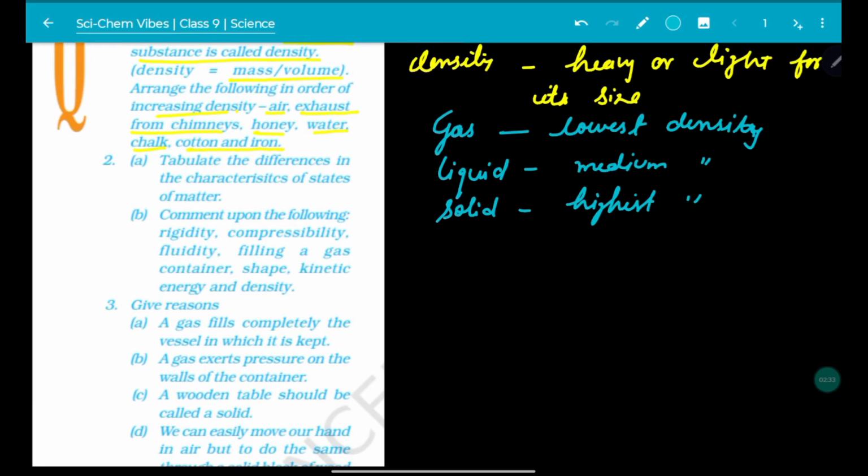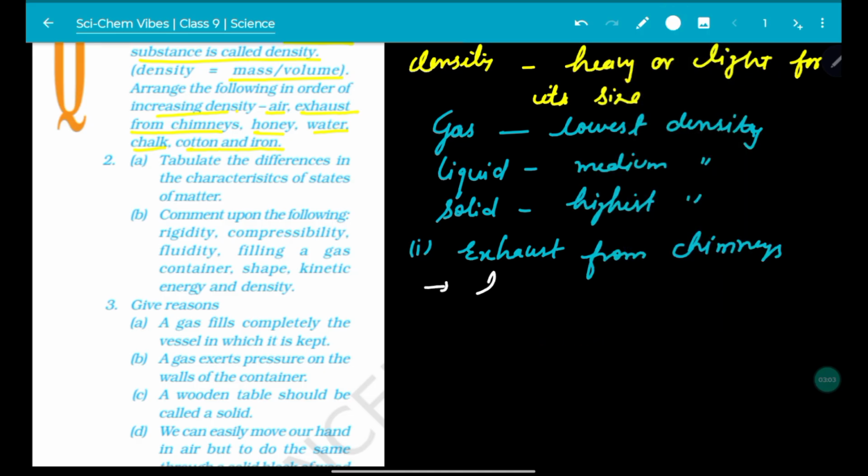Now let us see the substances. Number 1, exhaust from chimneys.